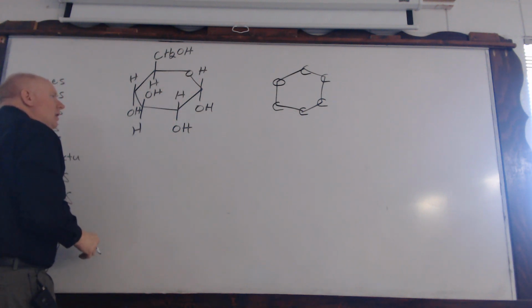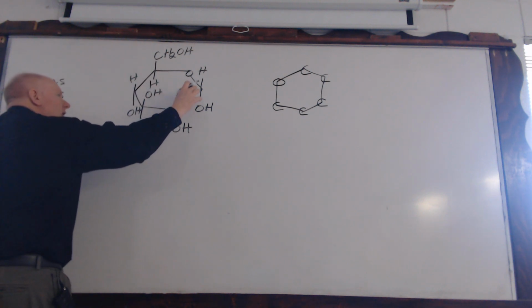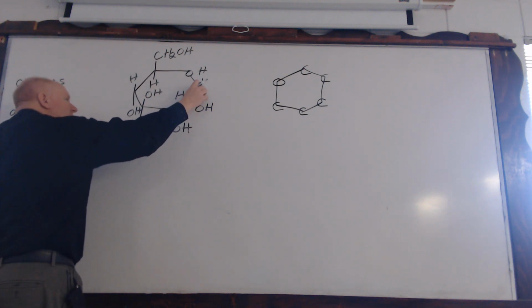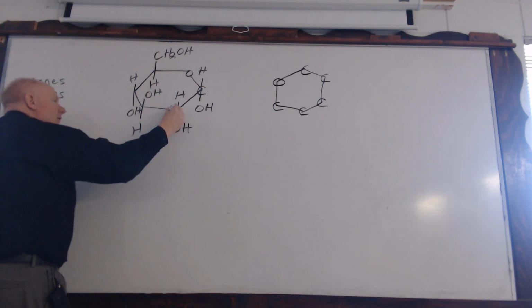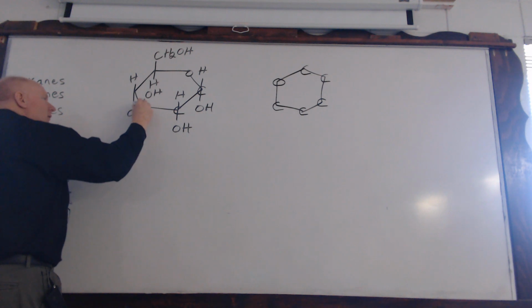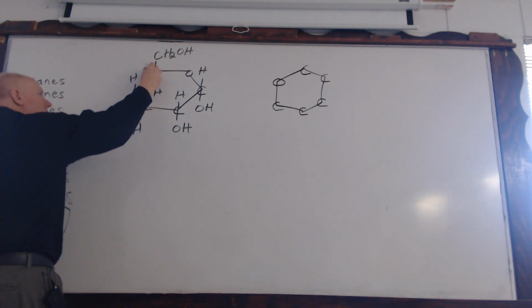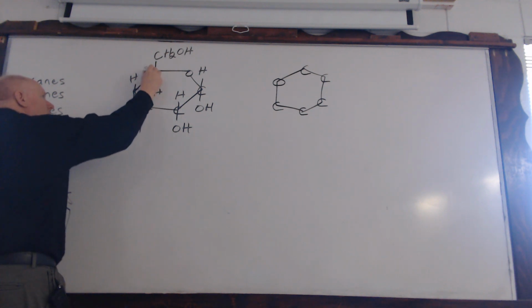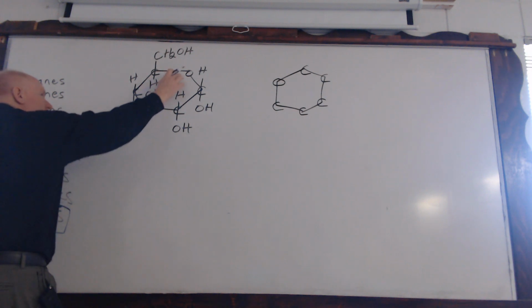So if we look at this, what type of atom would be on this point? Carbon. On this point? Carbon. Carbon. Carbon. Or would that be oxygen? Be carbon. Well, the other one's the oxygen. Okay, and this is an oxygen.